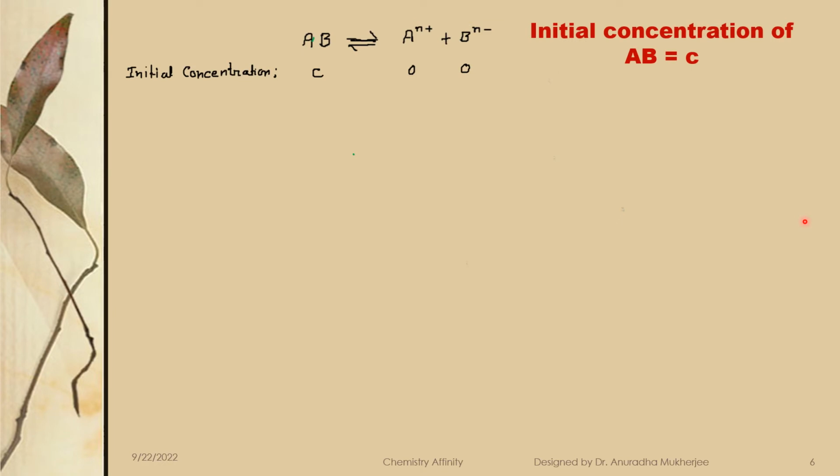AB is a weak electrolyte. It undergoes partial dissociation in aqueous medium and gives A+ and B-, and at a certain point of time it reaches equilibrium. Initially, the concentration of AB is C and the concentration of products is 0.